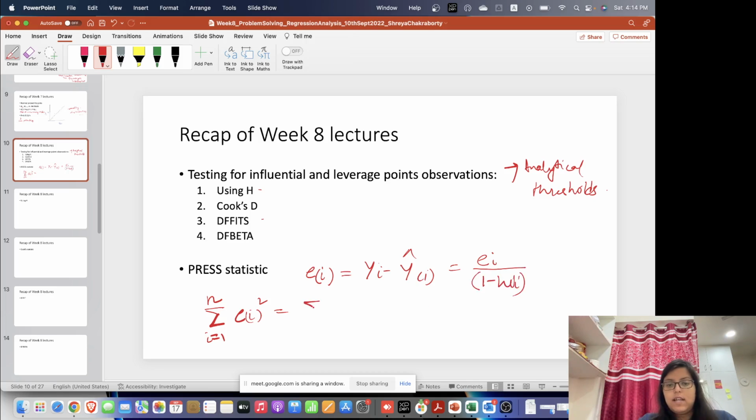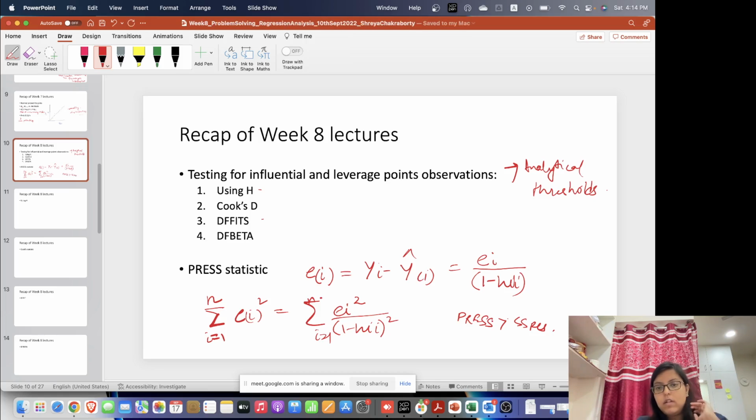So this is the summation of ei squared by 1 minus hii squared, i equal to 1 to n. This is how the PRESS statistic is computed, and if the PRESS statistic is greater than the SS residual, then we say that the model is not well fit.